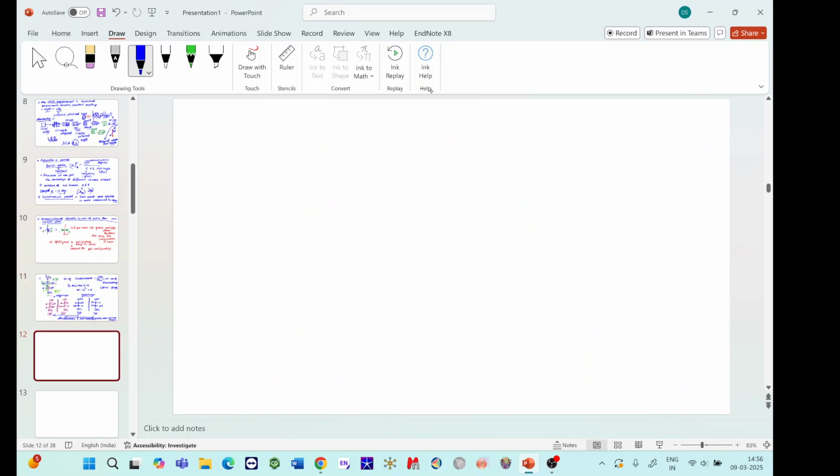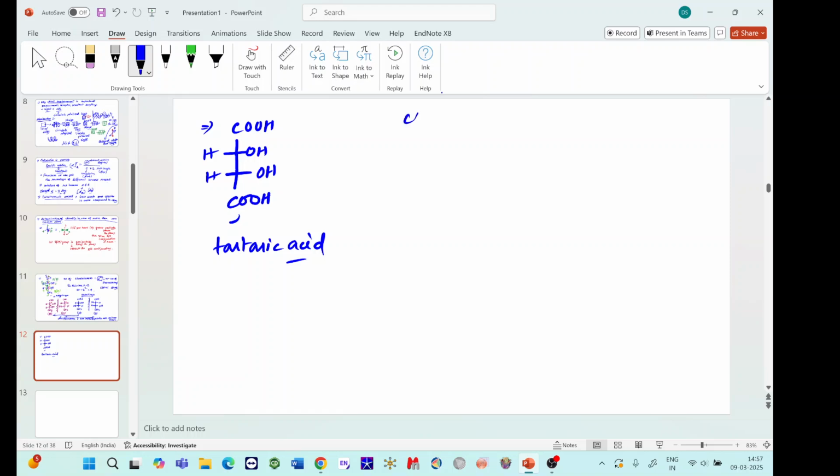Now some of the compounds, COOH, H, OH, H, OH, COOH. Okay, this is called tartaric acid.